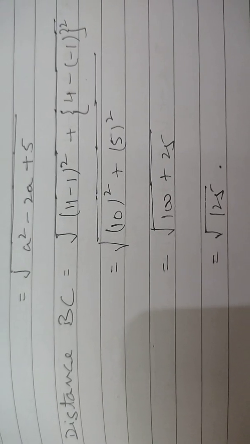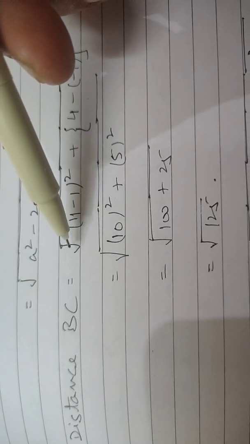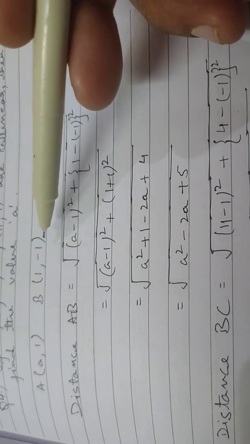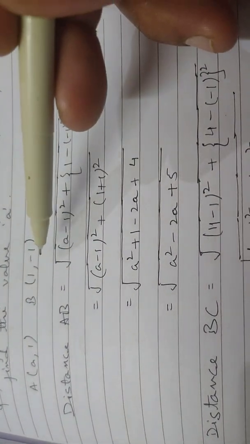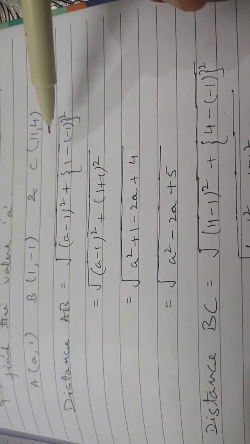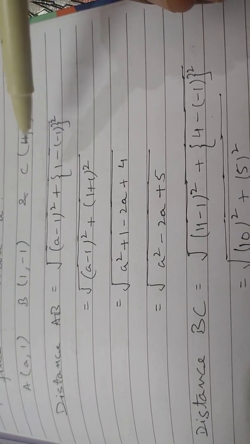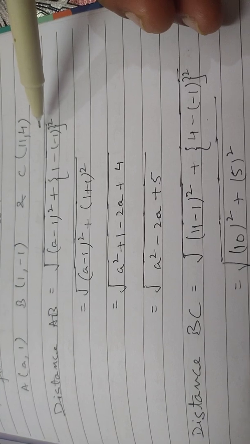In the same way, children, we are going to find the distance between B and C. The B point was given as (1, -1) and the C point as (11, 4). Again, for finding the distance between these 2 points, remember that we can take any one point as x1 y1 and the other as x2 y2. So I'm considering this point as x1 y1 and this point as x2 y2.